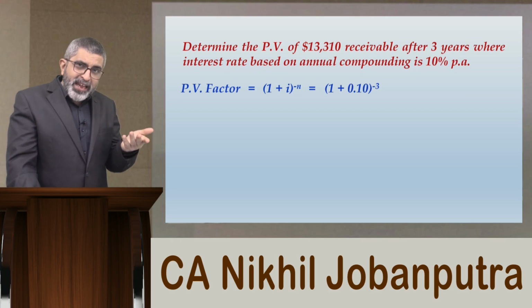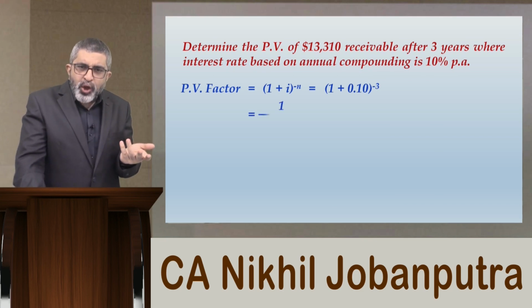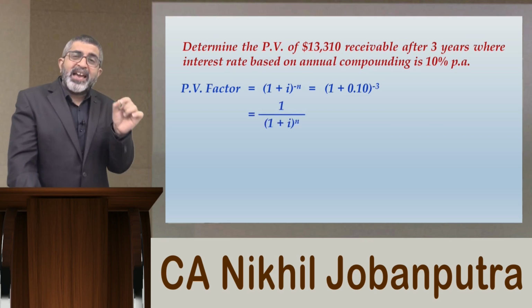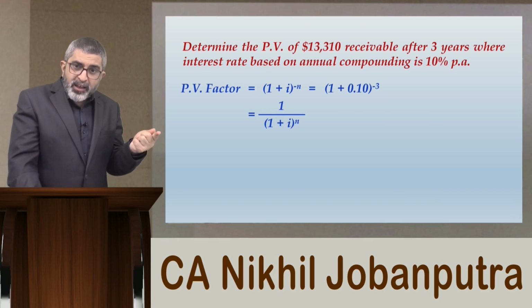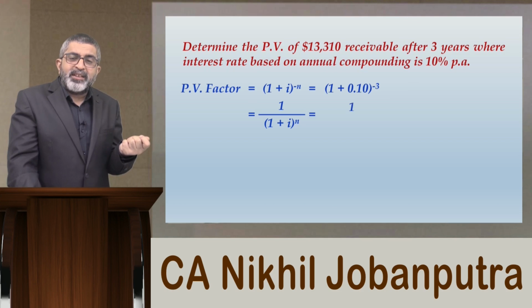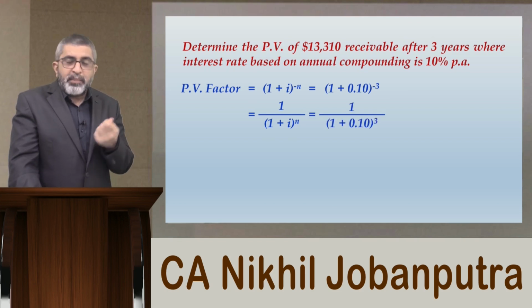And if I take the reciprocal of that future value factor, I can rewrite the same thing as 1 divided by (1 plus I) raised to N, which in our example will be the reciprocal of (1 plus 0.1) raised to 3.